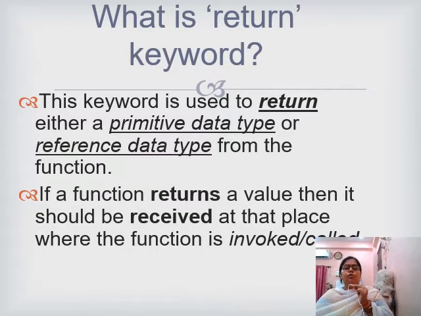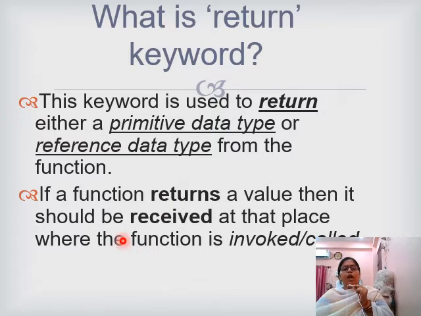Now before going ahead, we must learn what the return keyword is. This keyword is used to return either a primitive data type or a reference data type from the function. It means we can use it with a primitive data type and also with a reference data type.